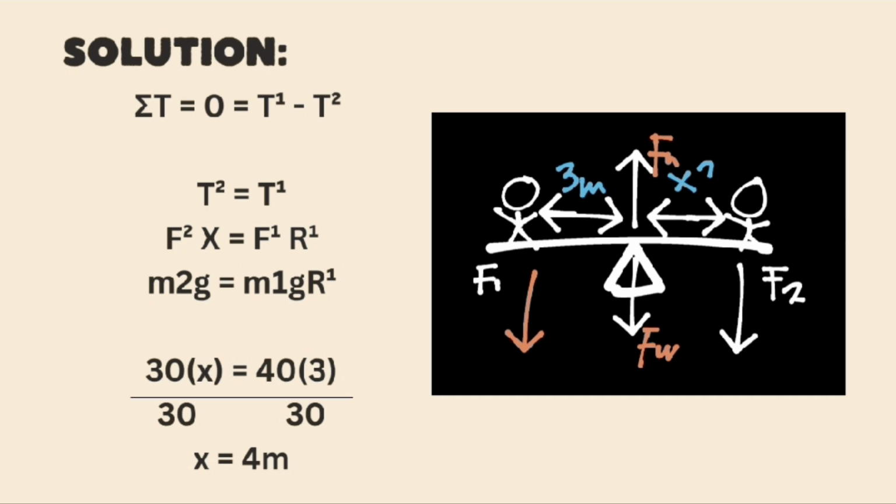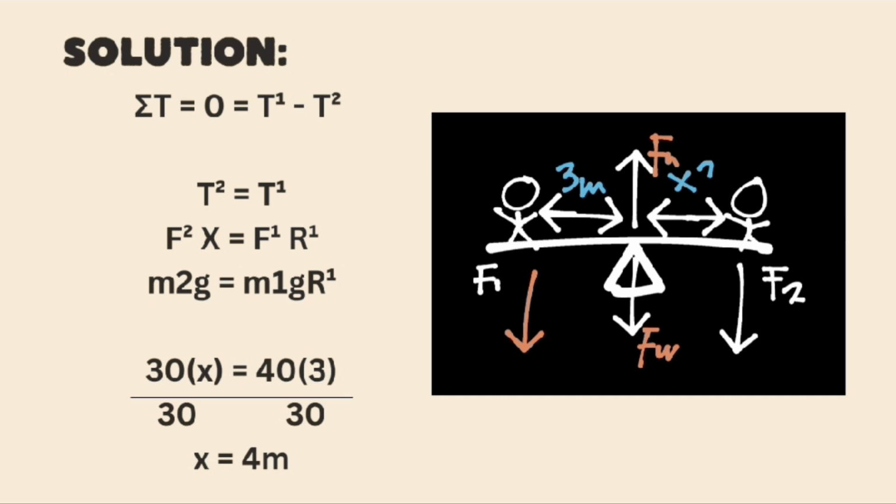On the left side, there will be a counterclockwise torque, which is T1, that is positive, and on the other side, T2, in the clockwise direction, and it is negative. So the sum of torques must add up to 0, so that is T1 minus T2. So if we move T2 to the other side, it will become T2 is equal to T1.